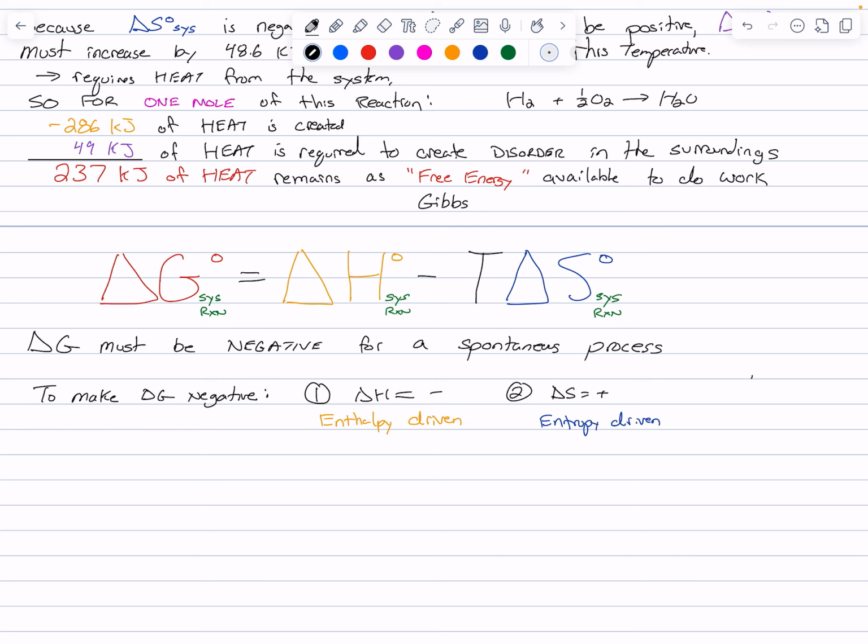Right? Or both. Both could do it. Okay? Now, for this to happen, we're going to learn that T times delta S of the universe is equal to negative delta G, or proportional to at least, depending on how we do it.